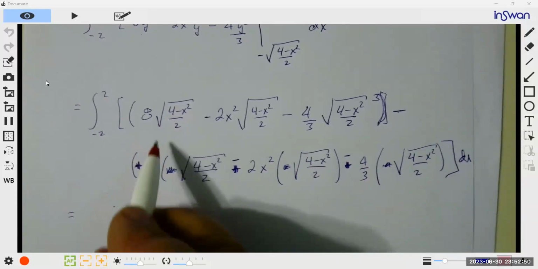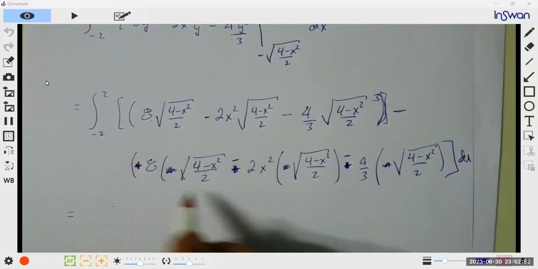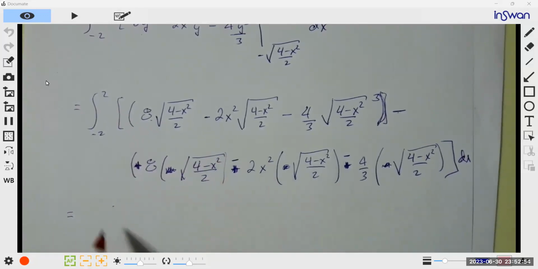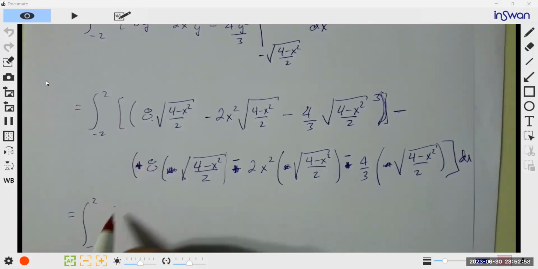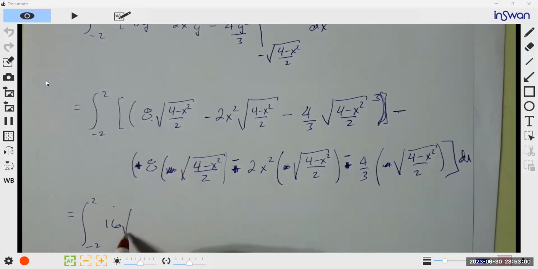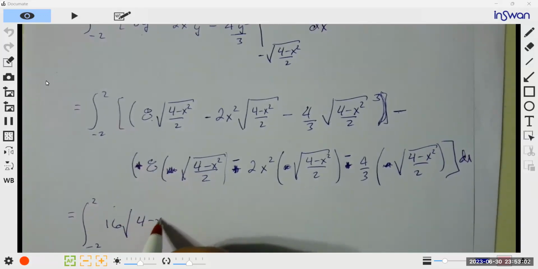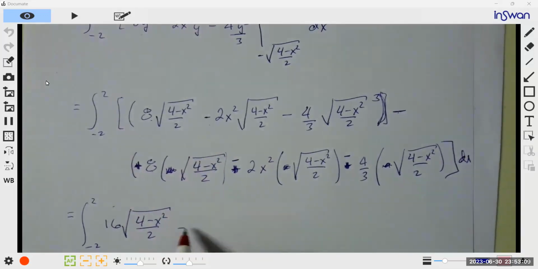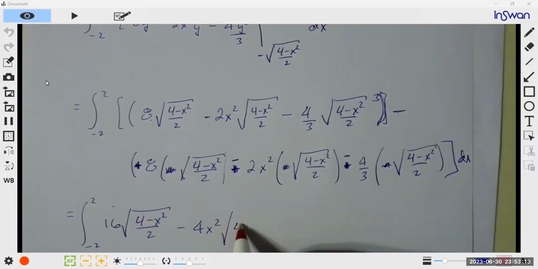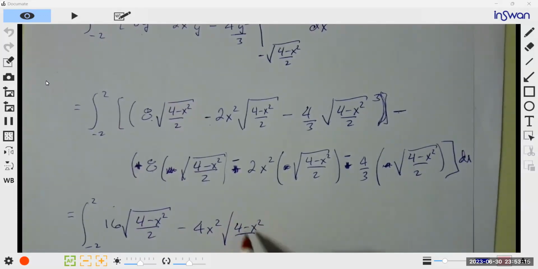So we have 8 and 8, which makes it 16 radical 4 minus x squared over 2. Negative 2x squared makes it negative 4x squared radical 4 minus x squared.